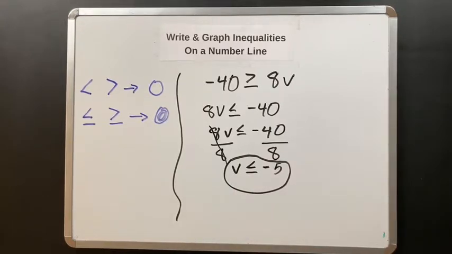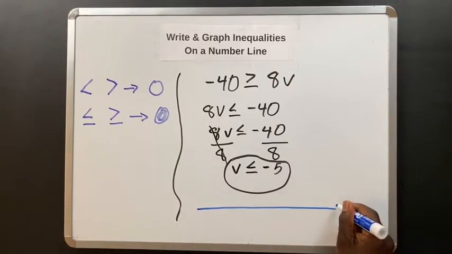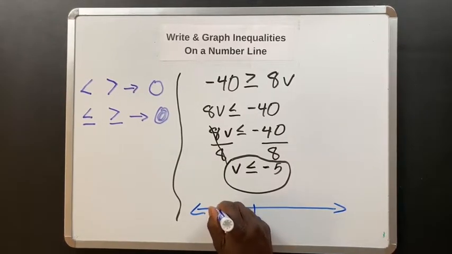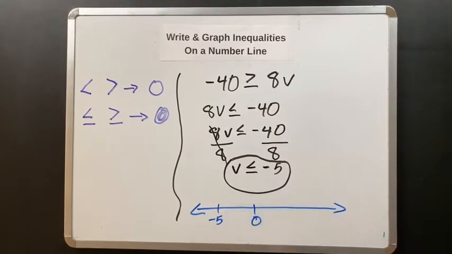Now, let's graph this inequality. Here is our 0. Let's put negative 5 right here. If you want to put the other numbers in between, negative 4, negative 3, negative 2, negative 1, that's up to you. But this is acceptable as well.